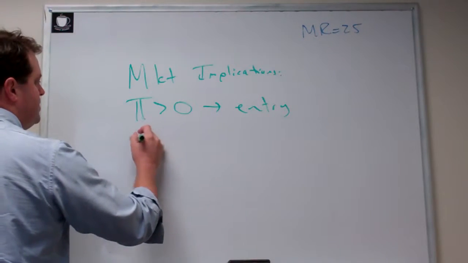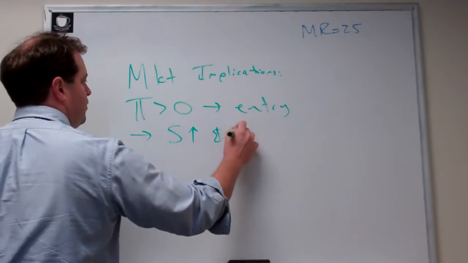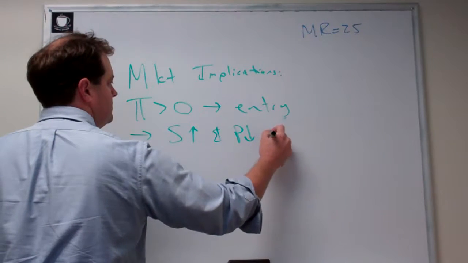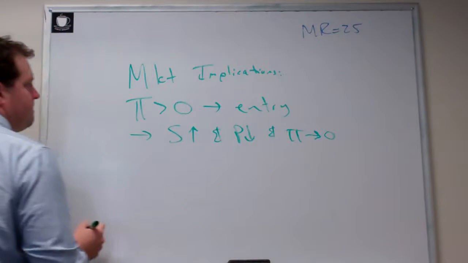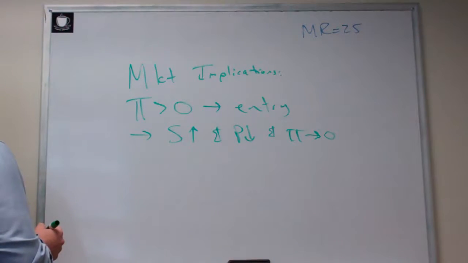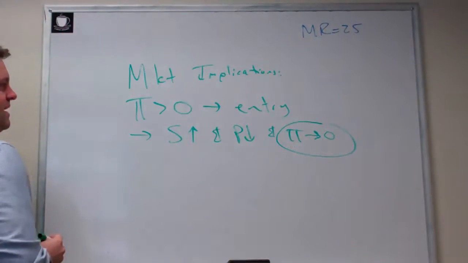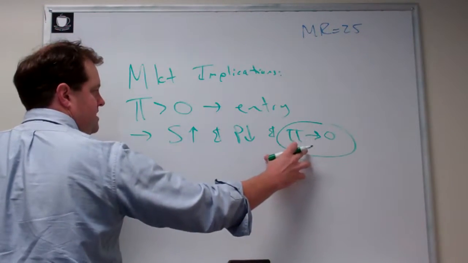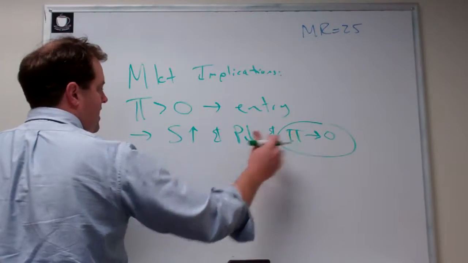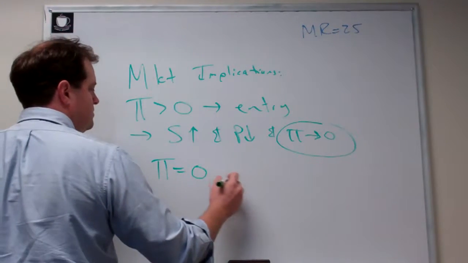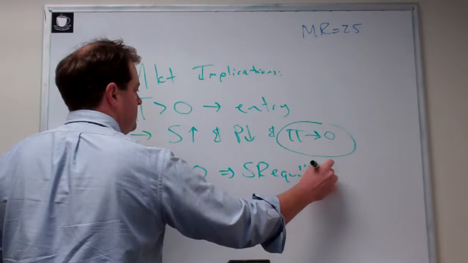So in the next time period, we're going to expect supply to increase and price to fall and profit to fall towards 0. In competitive markets, that's the natural tendency, is the economic profit gets bid out of the market, and once profit equals 0, the market's said to be in short-run equilibrium.